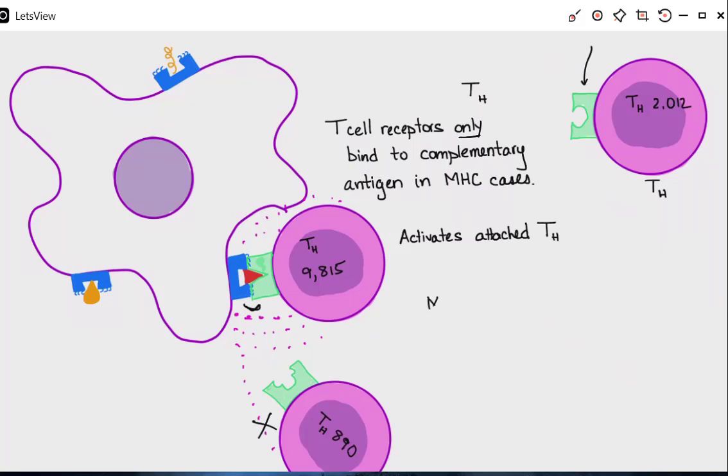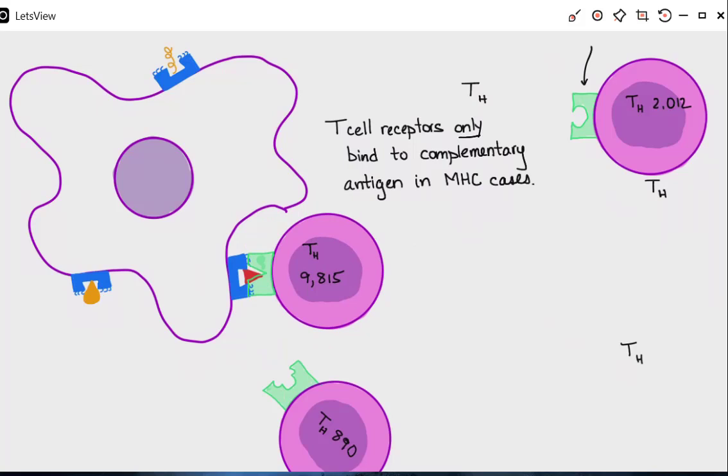The macrophage is going to talk to, through cell-to-cell contact, the helper T cell, who's then going to go and try to talk to the B cell. And again, the goal is to identify the correct B cell and initiate clonal selection. So the macrophage never directly talks to a B cell.